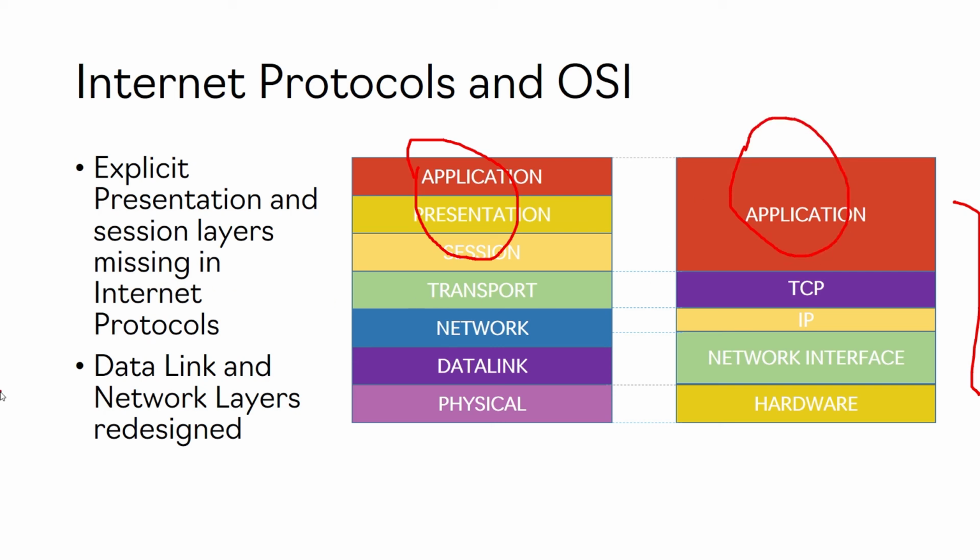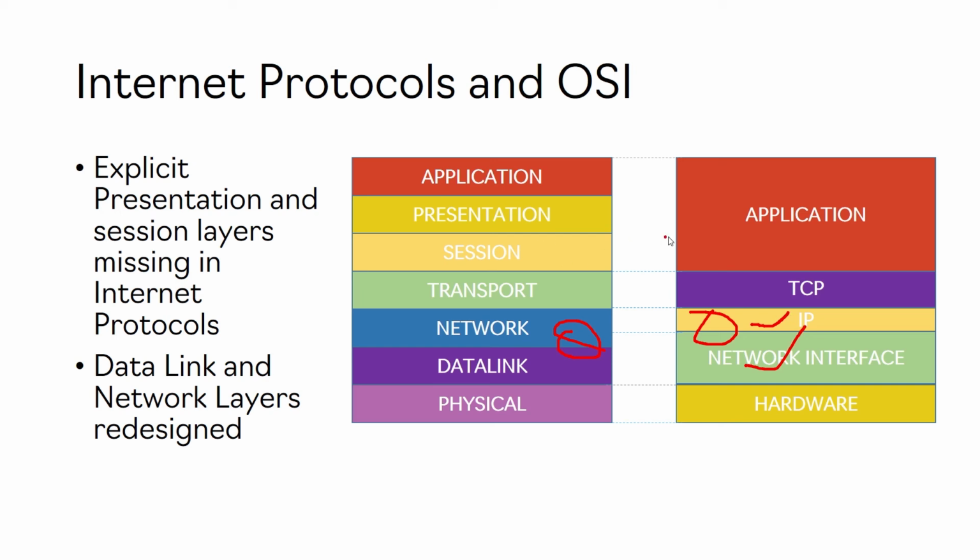So what do we mean by this? The presentation and session layers are explicitly missing in the IP protocol stack, and the data link and network layers are designed differently. If you look at these two, they somewhat overlap in this case, so they could be designed into the network interface as well as the internet protocol.